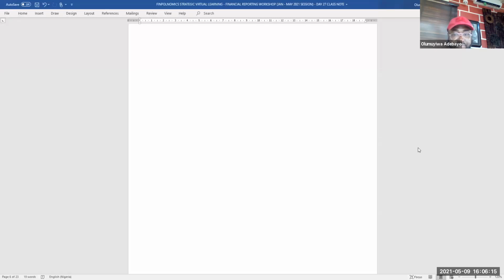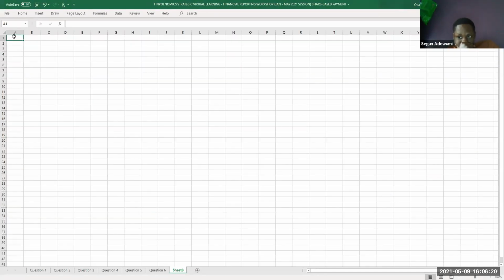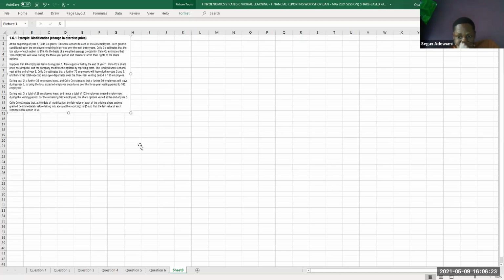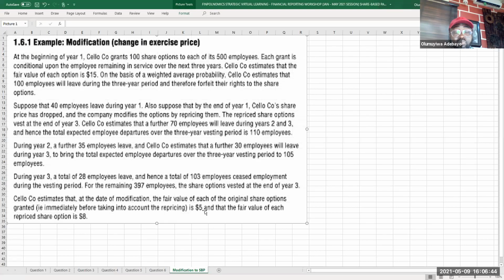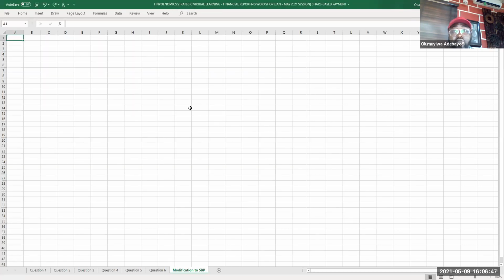Where's my Excel? Modification to share-based payment. Okay, I think, let me enlarge it.